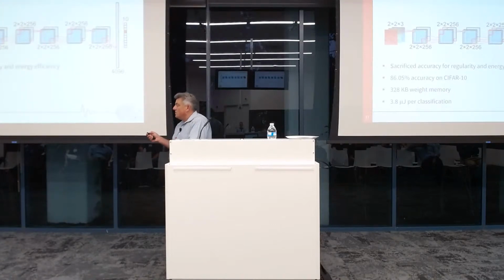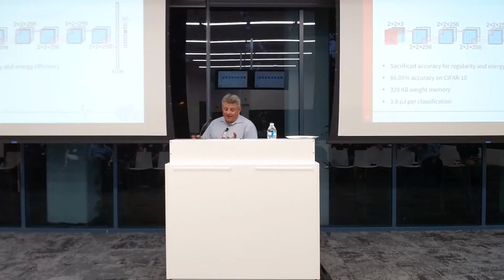It's not good to use 2 by 2 filters. It's known that 3 by 3s tend to do better, but we could implement this better and the chip became smaller. We also cut out any extra fully connected layers that we didn't need, because that again is a big memory hog. And so we ended up with 328K of memory.